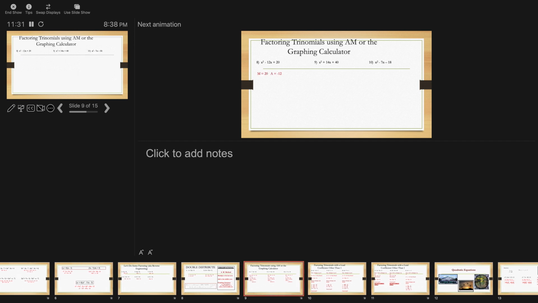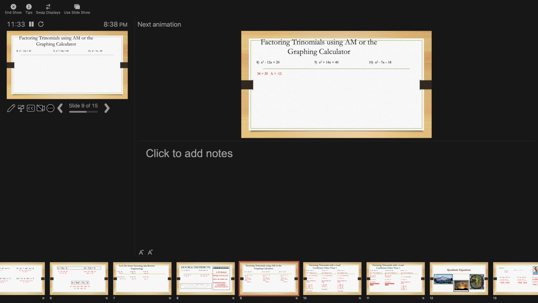Okay, let's factor these trinomials using AM or the graphing calculator, whichever you prefer.